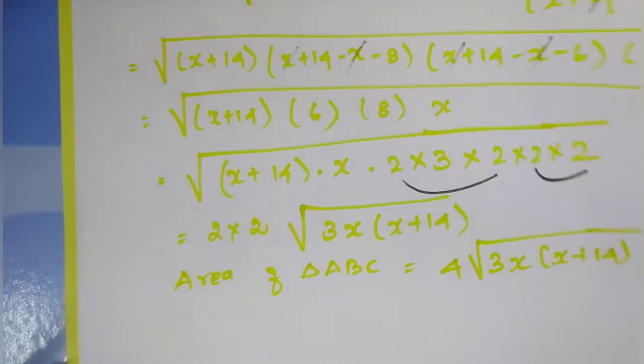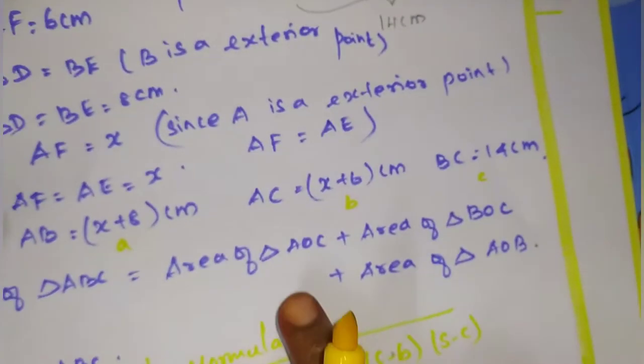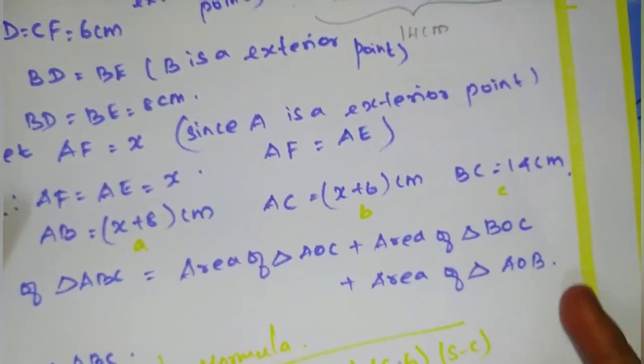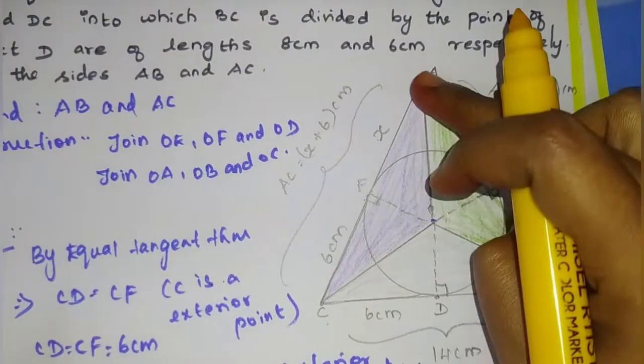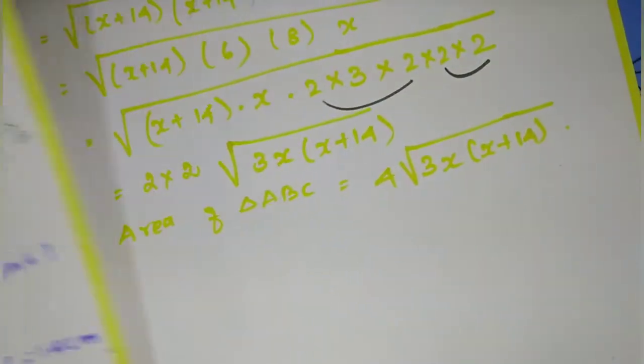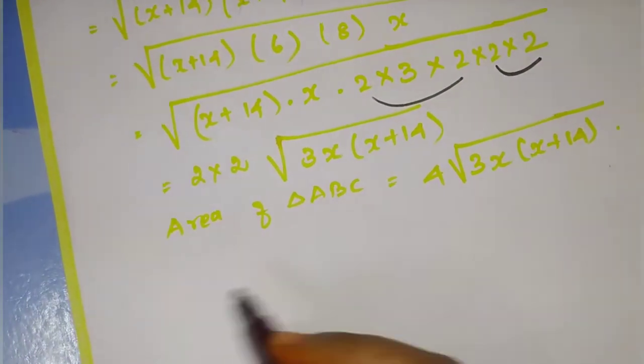Clear? So now in right hand side what we have, Kana? Area of a triangle AOC plus area of a triangle BOC plus area of a triangle AOB. So I'm going to take first this triangle. Write everything first. I tell you easily.